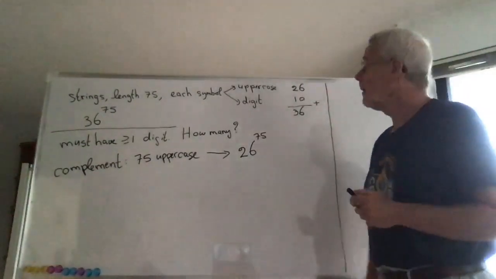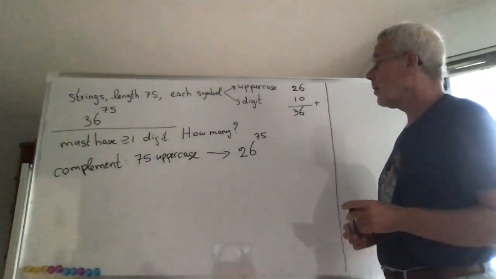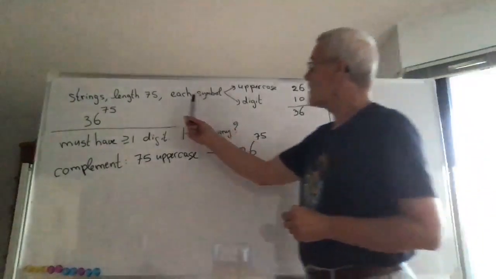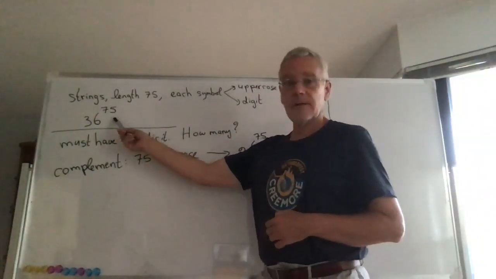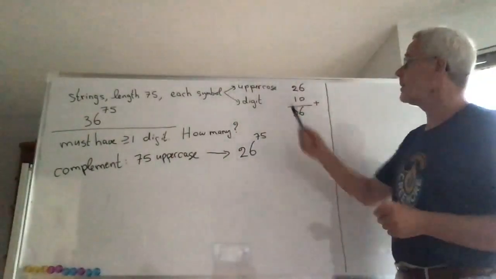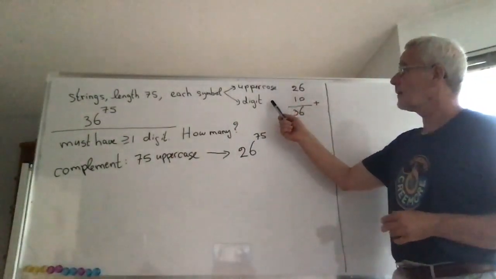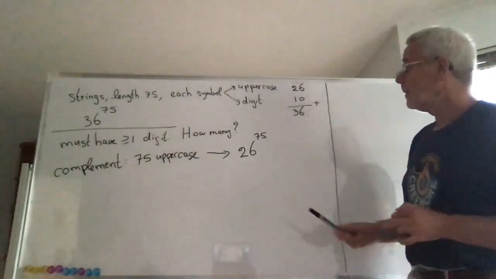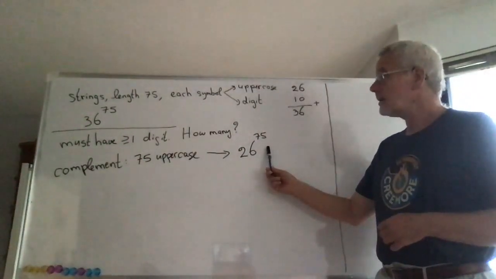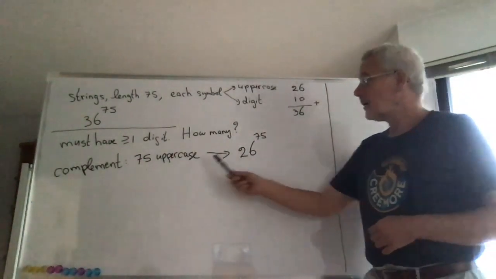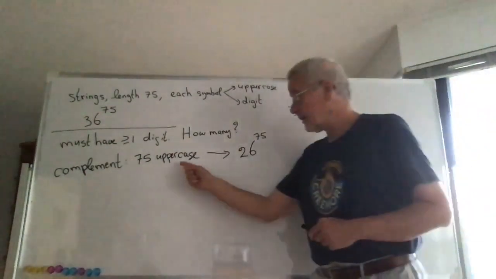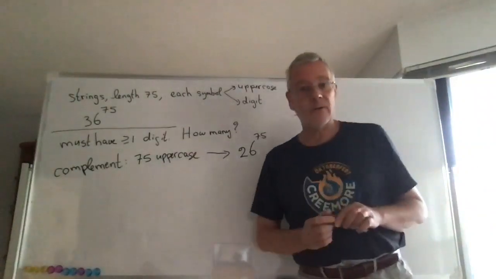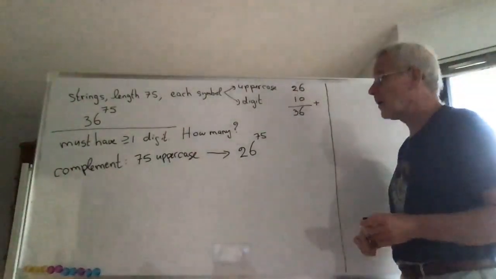Okay, so now what do we know? Here we said there are this many strings of length 75 where every symbol is an uppercase letter or a digit. There are this many strings that only consist of uppercase letters. So that means this is the number of strings that do not contain any digit.